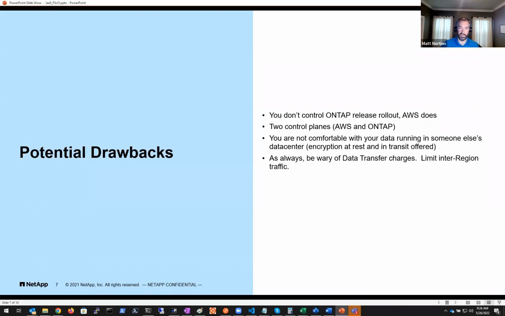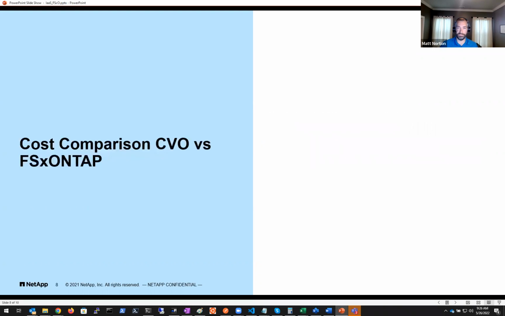I forget what the price is. I wouldn't say that it's high, but if you don't plan accordingly, you may be paying more than you would otherwise expect, just based on the FSx file system itself. So keep that in mind. You want to limit inter-region traffic as much as possible. Keep it within a region, and you'll be just fine.